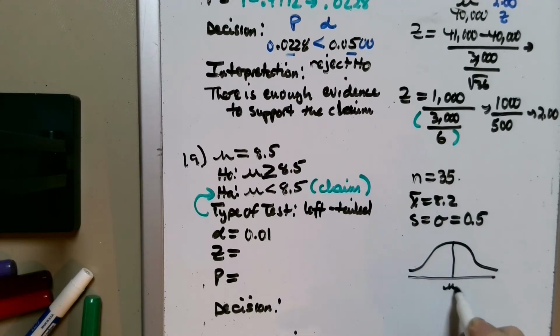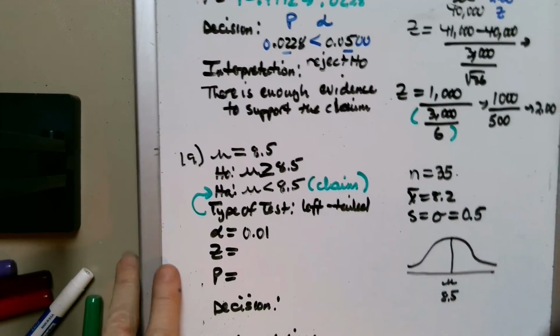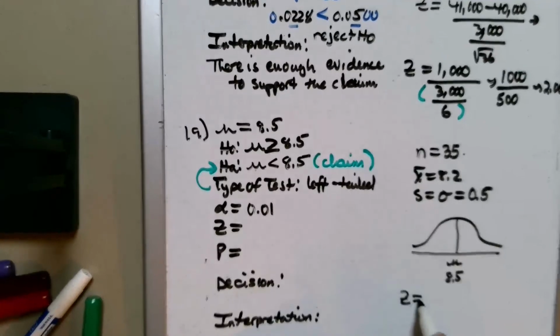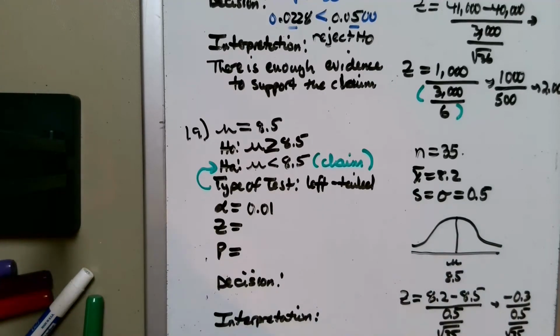So in the middle is the population mean mu of 8.5. We're going to draw and shade a left-tailed test in a minute, but let's calculate our z-score. So x bar, sample mean 8.2, minus mu 8.5, over sigma, standard deviation 0.5, over the square root of the sample size, 35. So this is negative 0.3 over 0.5 over the square root of 35.